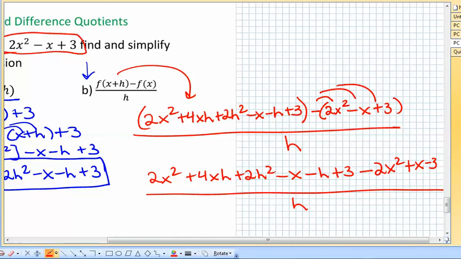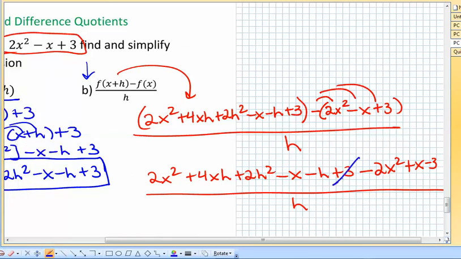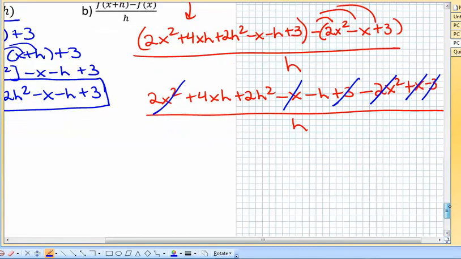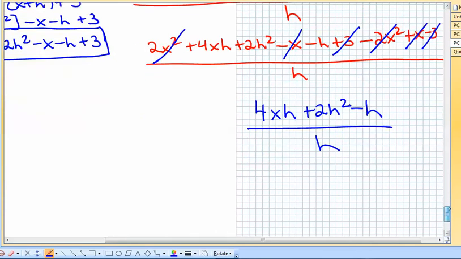So notice there's some like terms that cancel out. There's the 3's, there's the x's, and then there's the 2x squareds. So you're left with that.